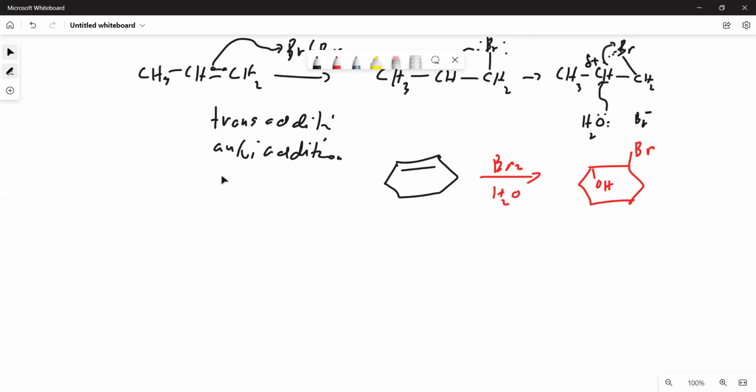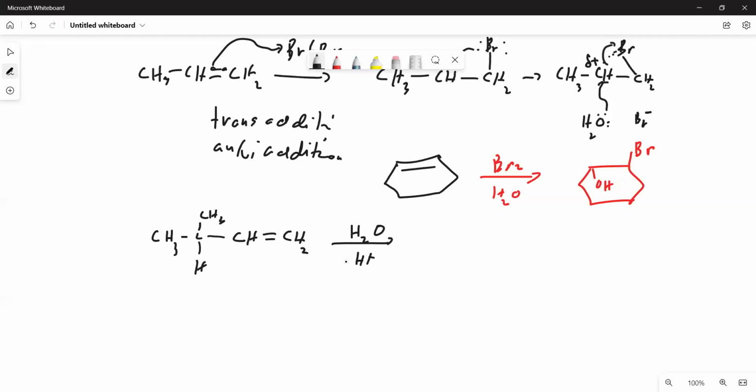But for naked carbonium ion intermediate, like in the hydrohalogenation reaction, bromination, hydration reaction, they produce a naked carbonium ion. Like here, okay, let us say you have this alkene, and you subject this to hydration reaction.